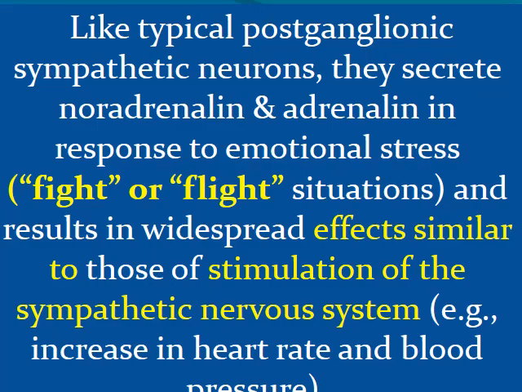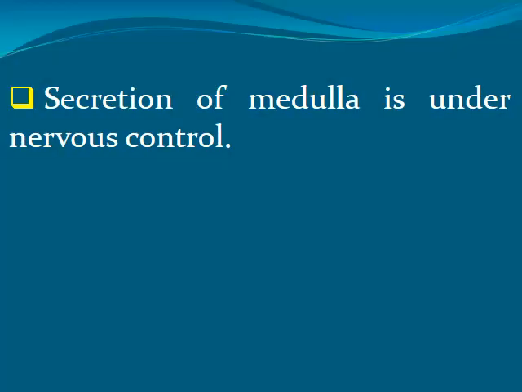Like typical postganglionic sympathetic neurons, they secrete noradrenaline and adrenaline in response to emotional stress, that is a fight or flight situation, and result in widespread effects similar to those of stimulation of the sympathetic nervous system, that is increase in heart rate and blood pressure. Secretion of the medulla thus is under nervous control.